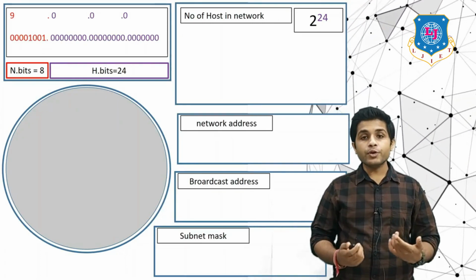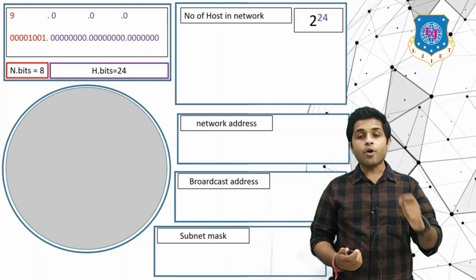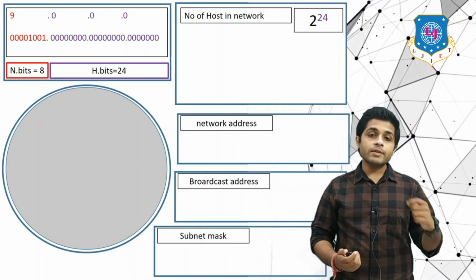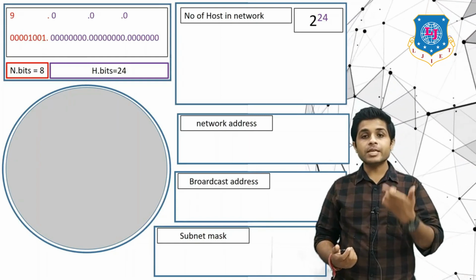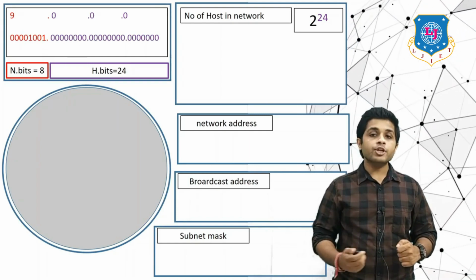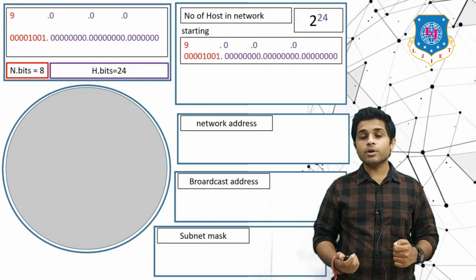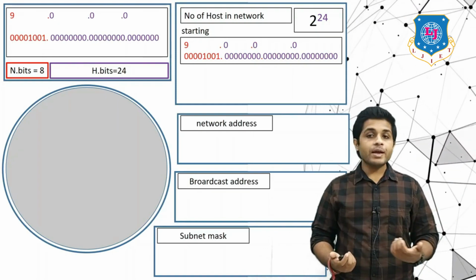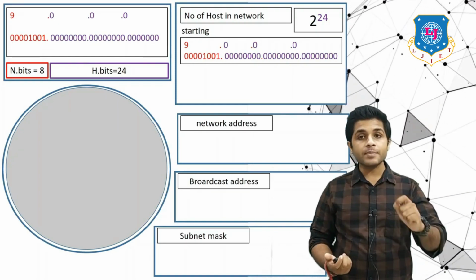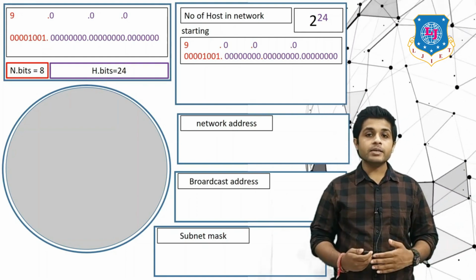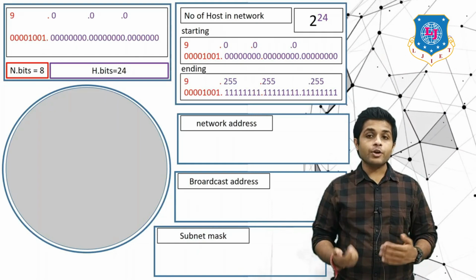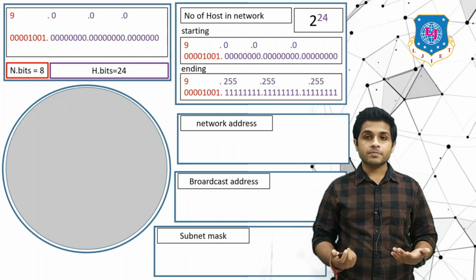I want to find the first IP address of this given network. To find the first IP address, the value of the network bits cannot change, so we set all the host bits to 0 and you will get 9.0.0.0. To find the last IP address of the same network, we set all the host bits to 1 and you will get 9.255.255.255.